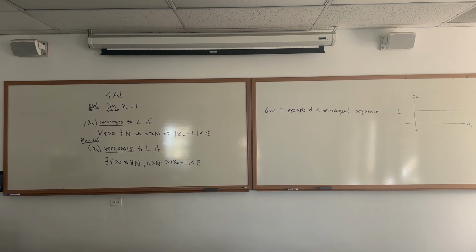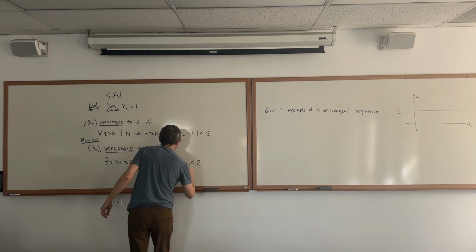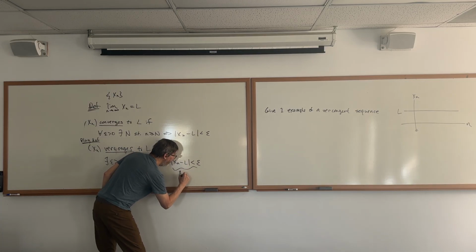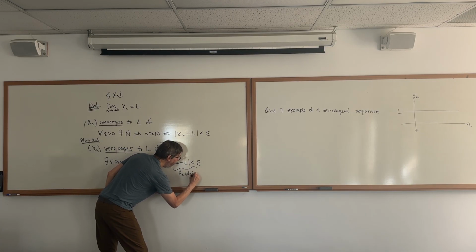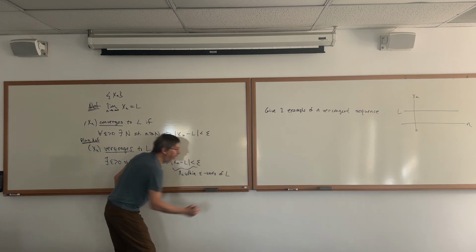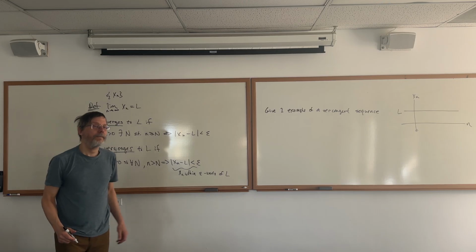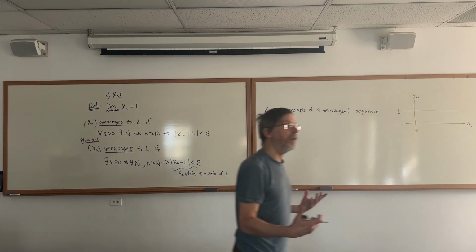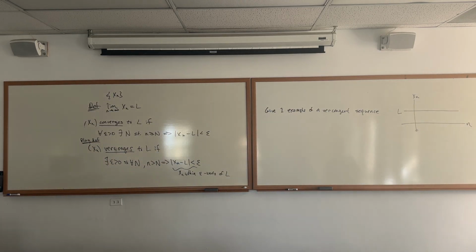So if n is 1, this is true. If n is 2, for any n, x sub n minus L is less than that epsilon. So remember that this means x sub n is within epsilon units of L. So what does that picture look like? That's the thing. Think about the picture. How's it going, Lily?